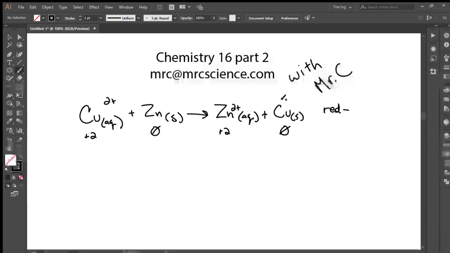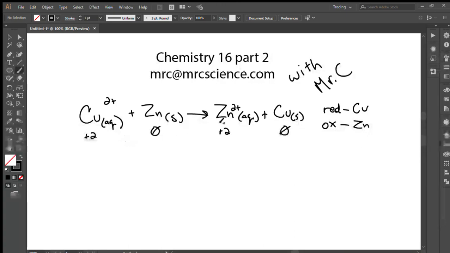What does reduce mean again? Reduce means that it gains electrons, right? So in order for it to gain electrons, it had to go from a plus to 0. So copper here was reduced. Oxidized means loss of electrons. Zinc went from 0 to +2, so it had to lose 2 negatives, so zinc was oxidized.